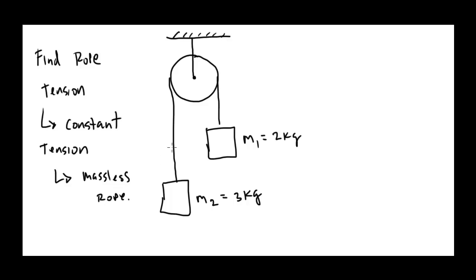Or at least it's negligible mass, because certainly the rope has to support its own weight, and so if the rope had mass, then the tension would change, and that would be very difficult to deal with. So we're going to imagine for right now that it's a massless rope. Later on, we're going to have to talk about the fact that this pulley has to be massless as well, but let's not get ahead of ourselves. So we're assuming a massless rope, a massless pulley, and we've got M1 and M2 here.